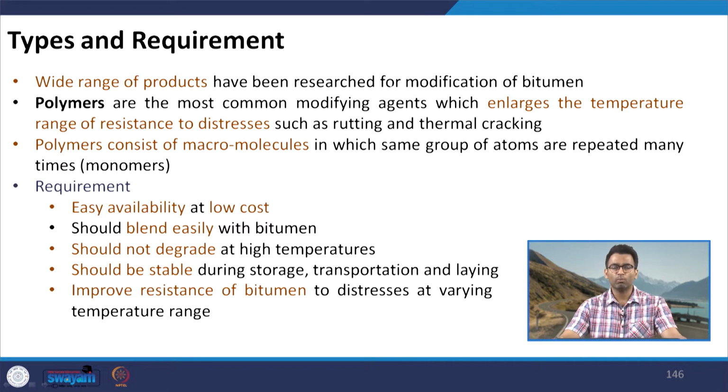Whatever be the modifier or polymer we are trying to use, there are certain requirements which should be satisfied before they can be successfully incorporated for modification of bitumen. Some of these important requirements include that these modifiers or polymers should be easily available and the cost should be low.